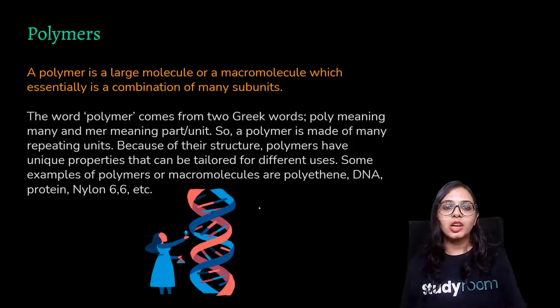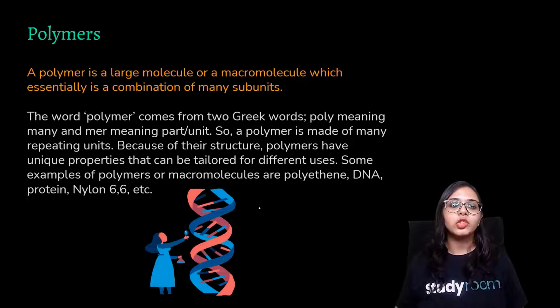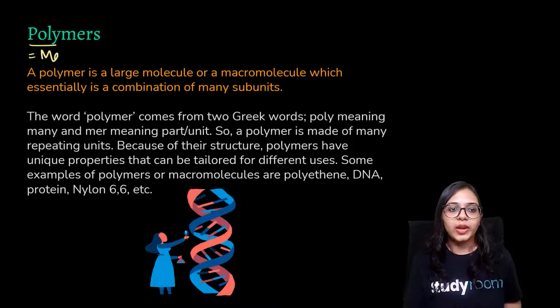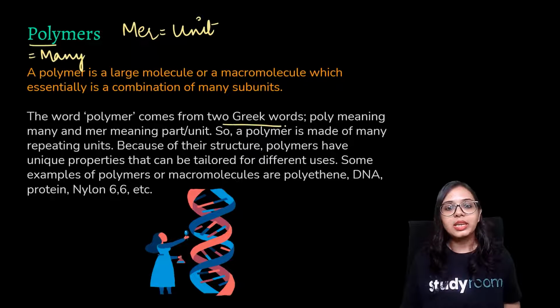A polymer is a larger molecule or a macromolecule which essentially is a combination of many subunits. Like I told you, poly means many, and mer means unit. Polymer comes from two Greek words, poly meaning many and mer meaning unit or part.